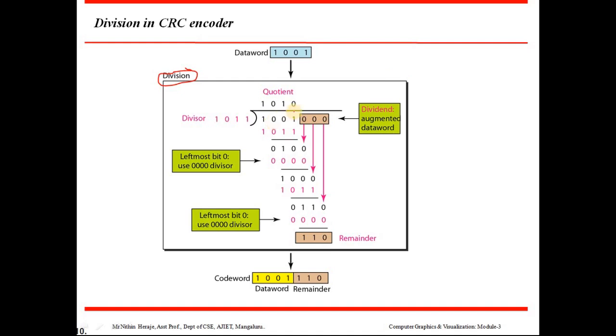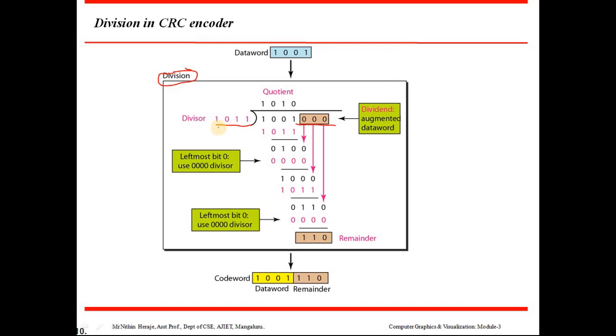So here what you have to do is augment 3 bits. Why is it 3 bits? If the data word is 4 bits, then n minus 1 is 3 bits. So you will have to augment the 3 bits to the data word, and you are given the divisor. Here the divisor is 1011. Okay, now we'll start the division process.